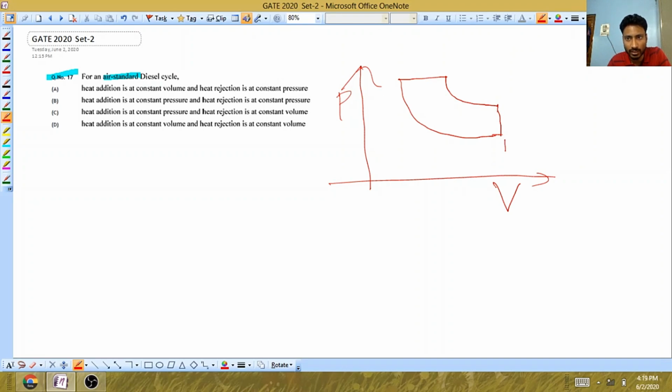This will be a straight line actually. Due to some complications in this online software, I'm just learning how to tackle it, so it will take some time, but sorry for any inconvenience caused. So this is the PV diagram. We can also draw the TH diagram.